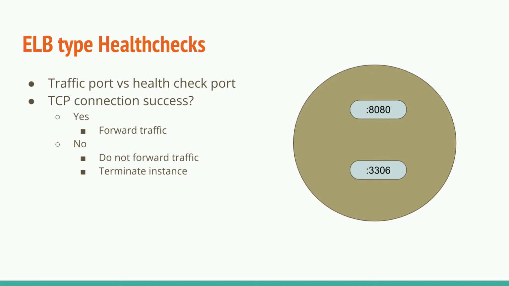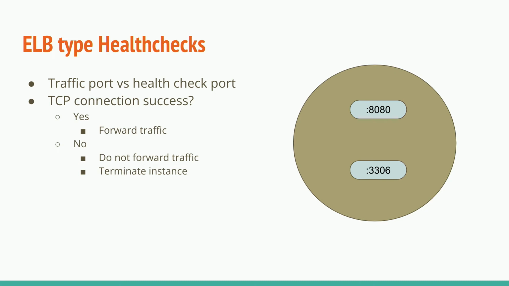To check the health of the instance, the NLB establishes a TCP connection. And if the TCP connection is successful, then the health check is successful. It's different from application load balancers, ALB, where the load balancer makes an HTTP call and expects 200 in return.